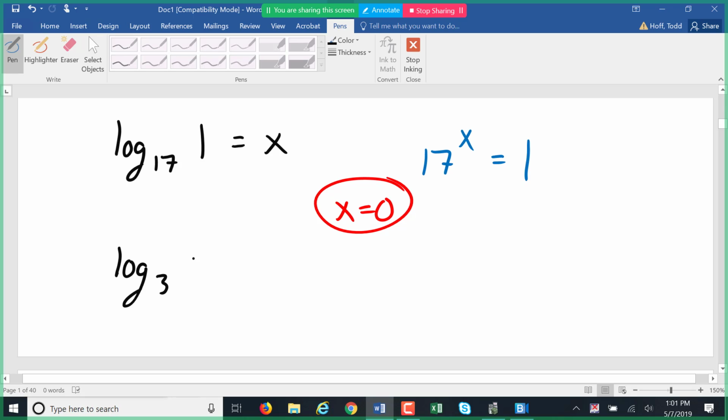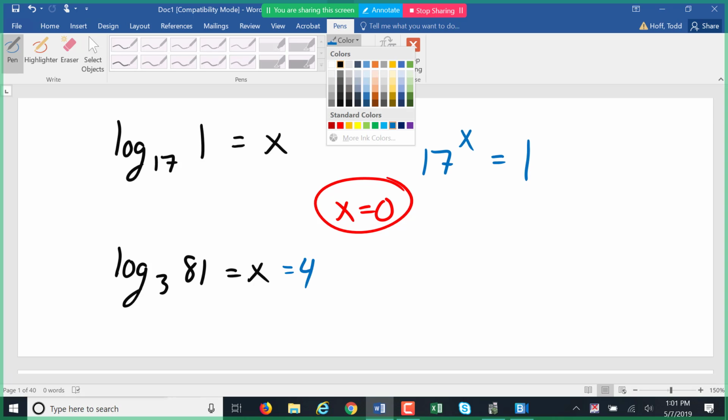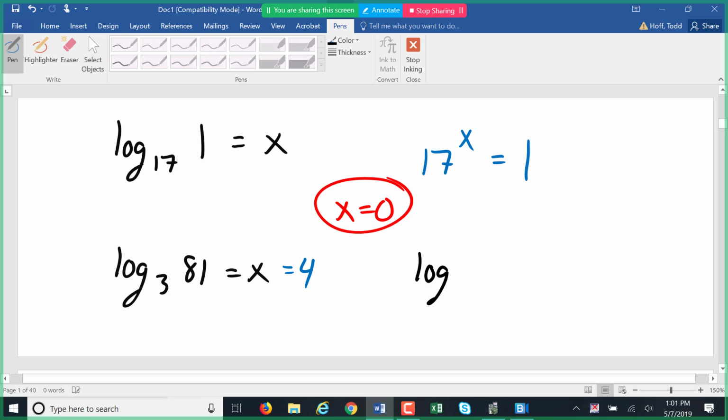If log base 3 of 81 equals, we said x had to be 4 there, right? Then log base 3 of 1 over 81 is very predictable.